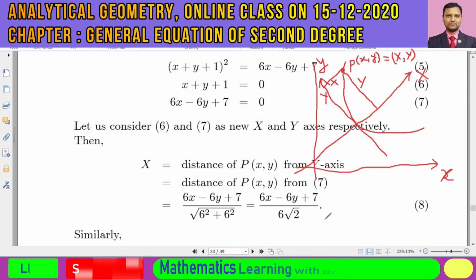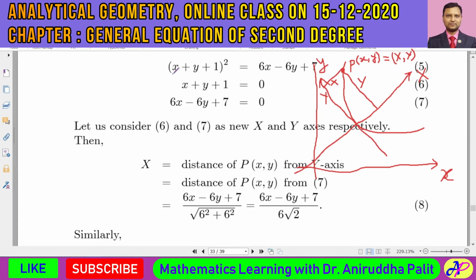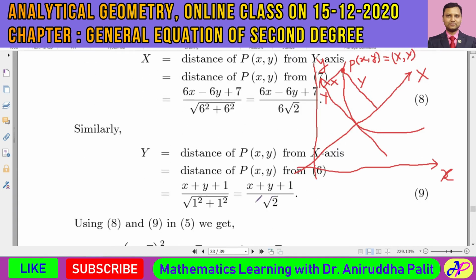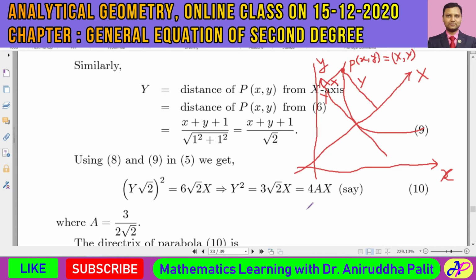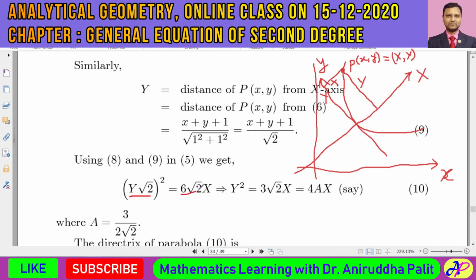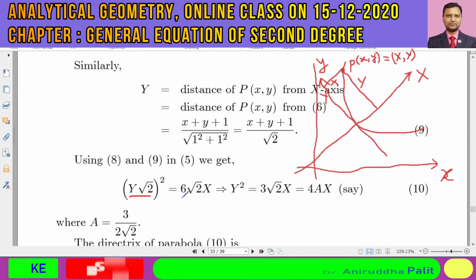Similarly, the left hand side, this expression x plus y plus 1, would be equal to Y into root over of 2. So ultimately we will have this kind of expression. This is Y root over of 2, this is 6 root 2 into X.